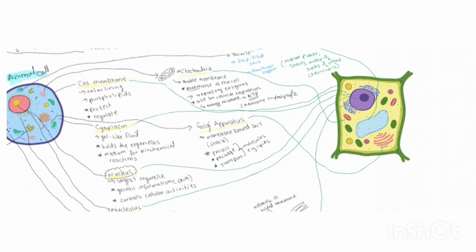Right. Did we miss anything? I don't think so. So rough endoplasmic reticulum, smooth endoplasmic reticulum. Yep, all the organelles are there. Hence the reason it looks so messy.